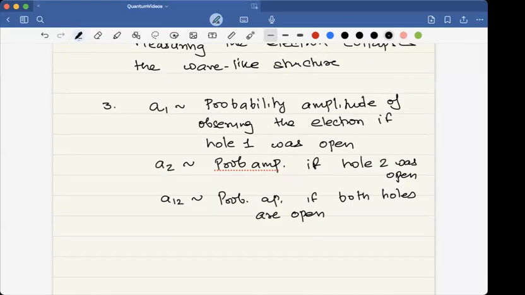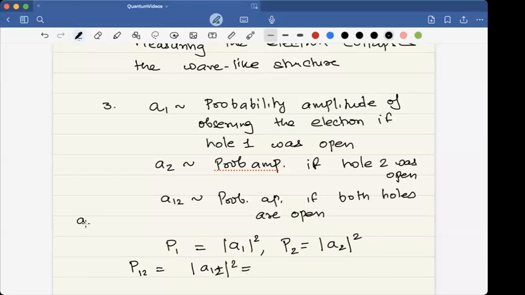The probabilities are related to the probability amplitudes by the following fact: the probability of the particle arriving is equal to the amplitude squared. The probability of the particle arriving at some point if hole 2 was open is related to A2 squared, and P12 is equal to |A12| squared, where A12 is equal to A1 plus A2.